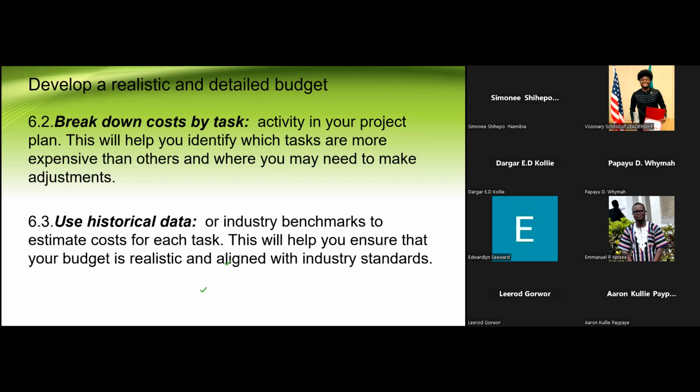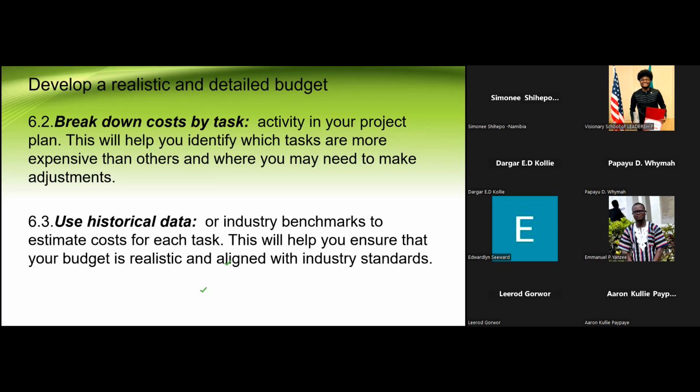It can be tasks like admin, financial execution. It can also be trainers. Is the task of the training more expensive than that of the financial individuals, because they will also be training for them, and so on. So these are the tasks that we are talking about, depending on the nature of the project.